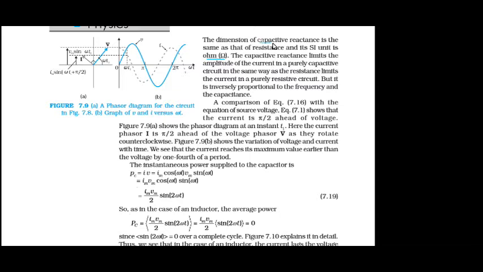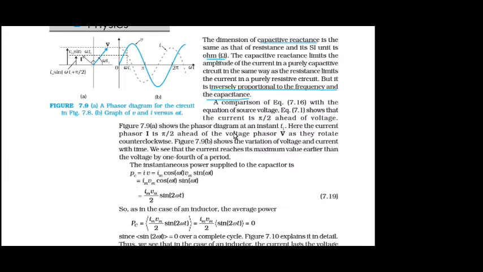The capacitive resistance limits the amplitude of the current in a pure capacitive circuit in the same way as the resistance limits the current in a pure resistive circuit, but it is inversely proportional to the frequency and the capacitance. Remember, capacitive resistance is inversely proportional to the frequency and capacitance.